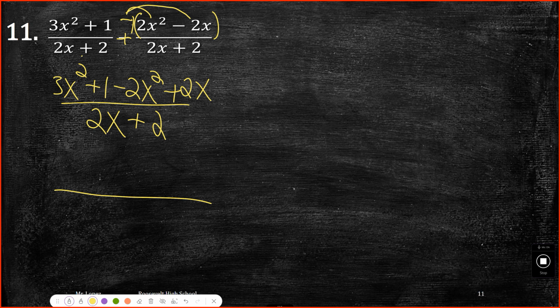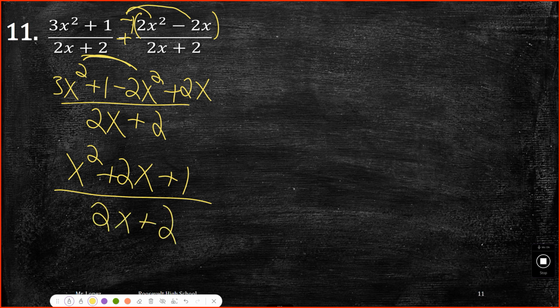3x squared minus 2x squared is x squared. Then you got a 2x after. You got plus 1. And you got this 2x plus 2 at the bottom. The top can be factored out. What are the numbers for the top?